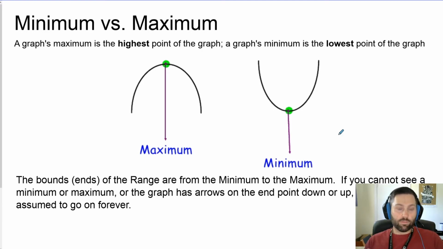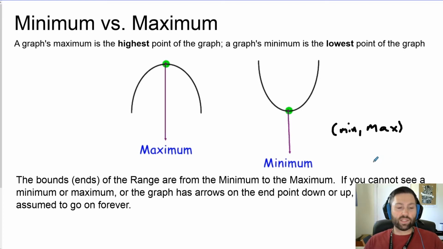A graph's maximum is the highest point of the graph, whereas a minimum is the lowest point of the graph. And that seems very trivial. It seems pretty obvious, but it means that the bounds, the ends of the range, are from the minimum to the maximum. So you would have the minimum listed, and then the maximum listed, almost looking like a coordinate.